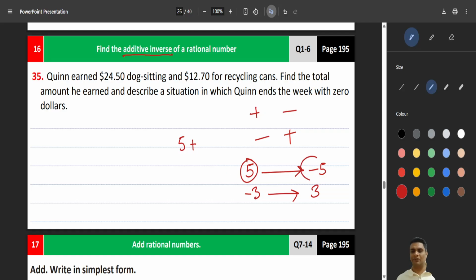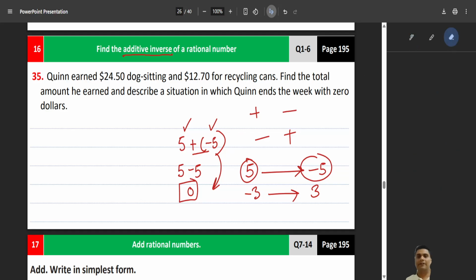What is the additive inverse of 5? Minus 5, correct? Now, two signs are same or different? Different. Different yani minus. 5 minus 5, 0. Check. If you want to convert something into 0, you combine the number and its additive inverse and it becomes 0. That is why we need the additive inverse.